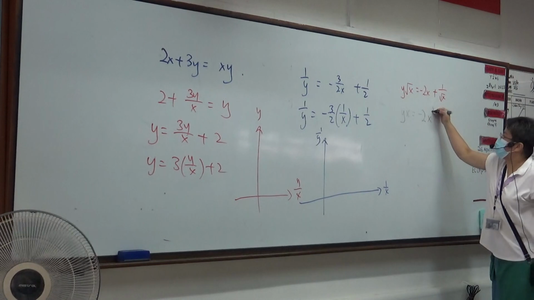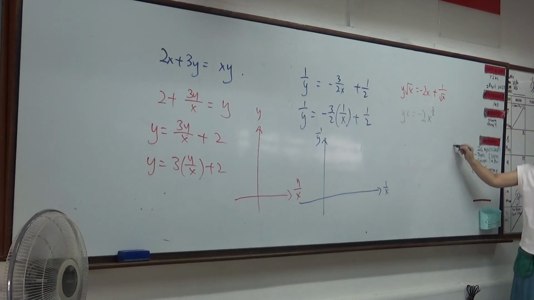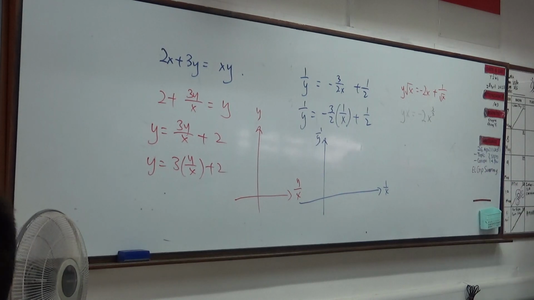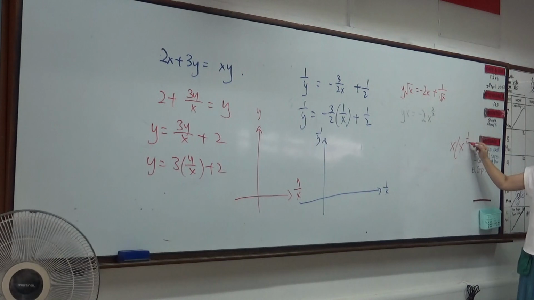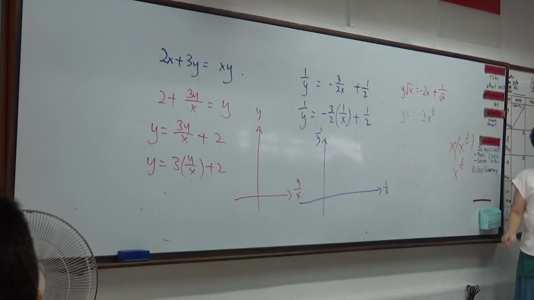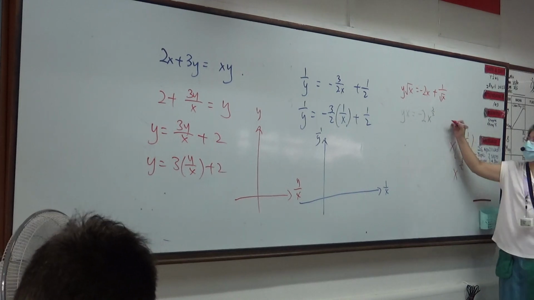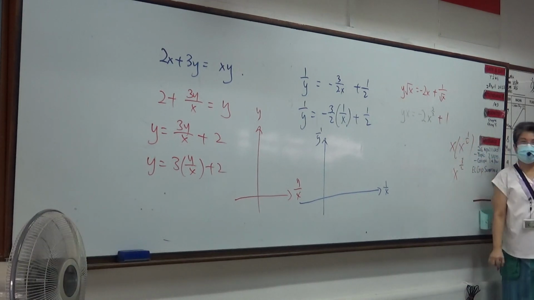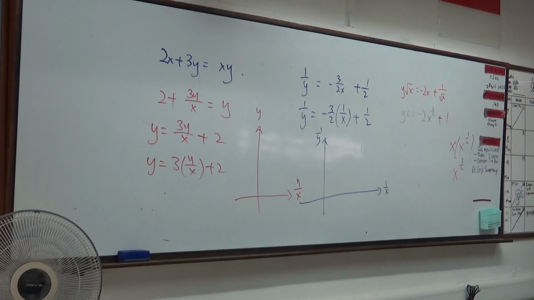Then this will be what? 3 over 2, right? Correct. x and x to the half, isn't it x to the 3 over 2? Can or cannot? Then plus what? Plus 1, right? Because I multiply by root x now.